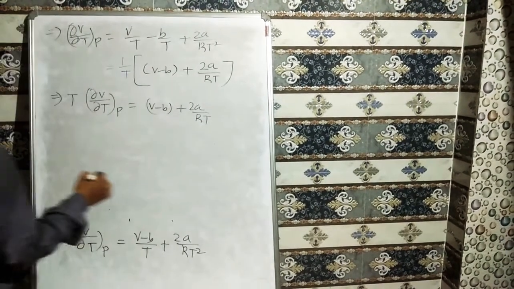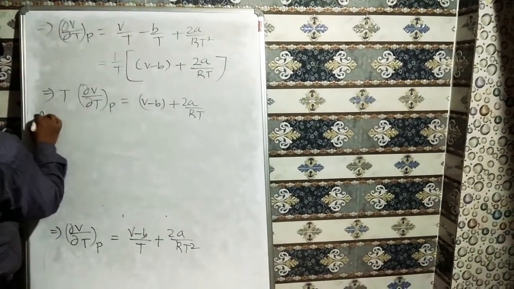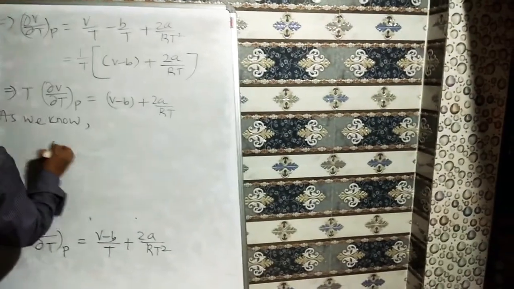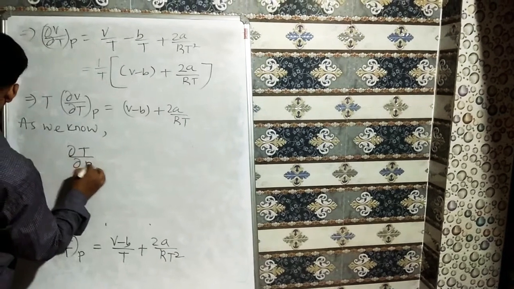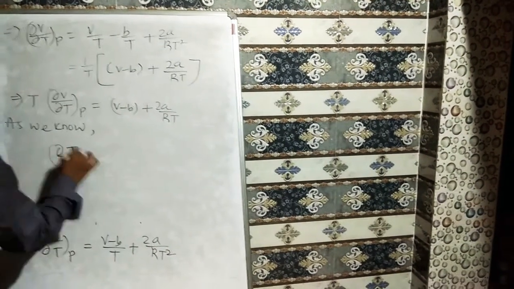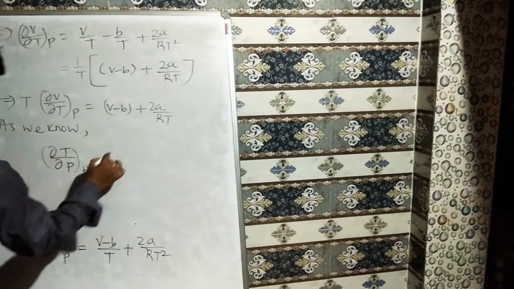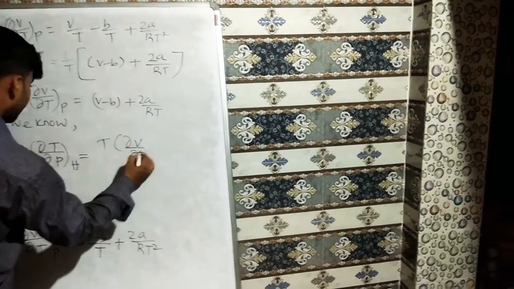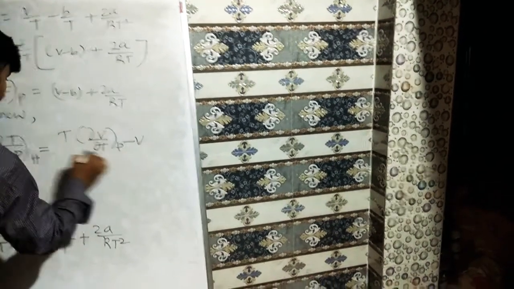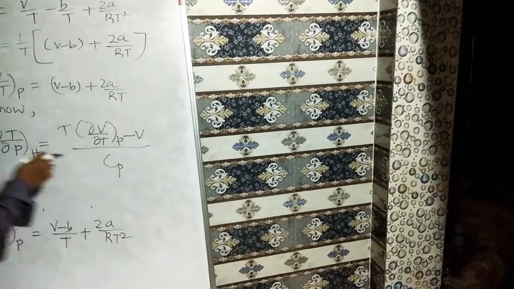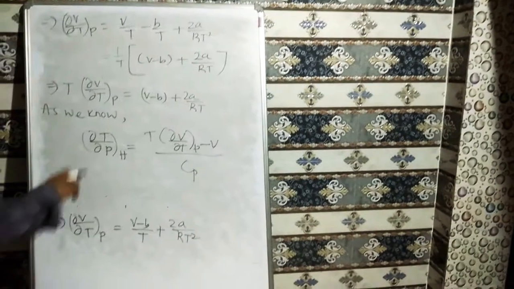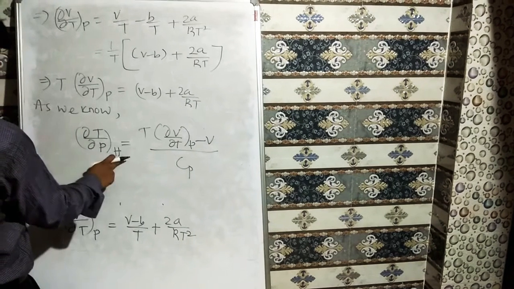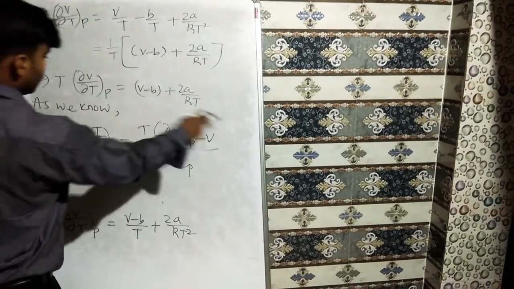But as we know, del T by del P at constant H equal to T into del V by del T at constant P minus V, whole divided by Cp. This is known from before, that is the rate of change in temperature with respect to pressure at constant enthalpy, which is equal to this much value.